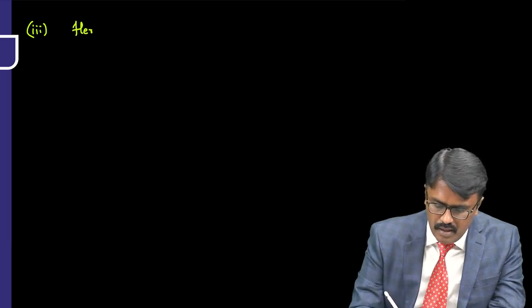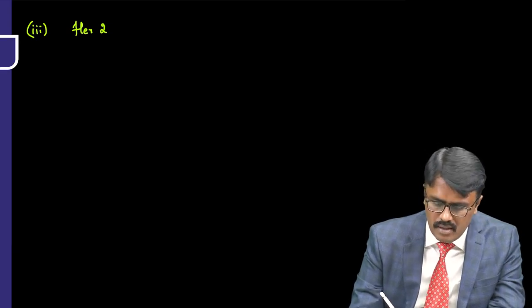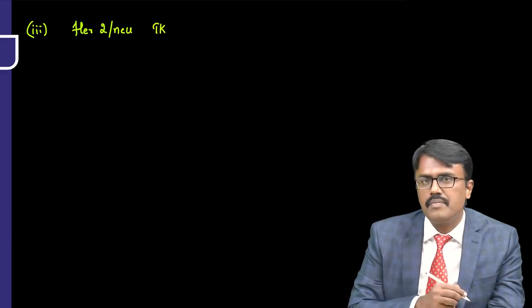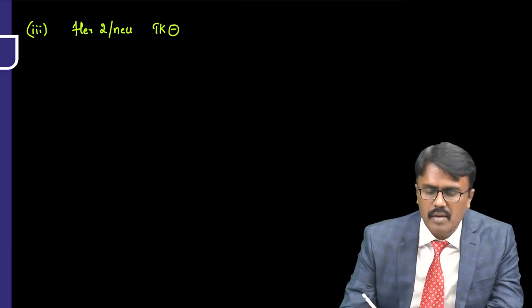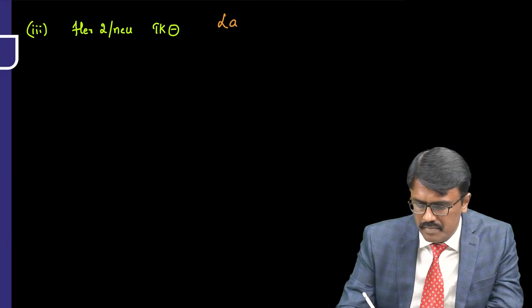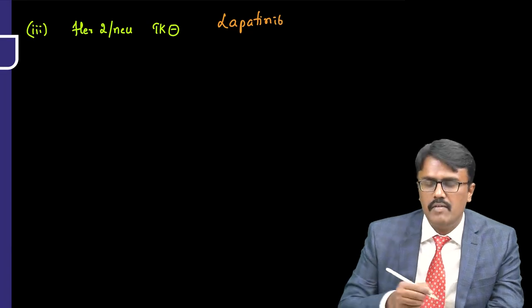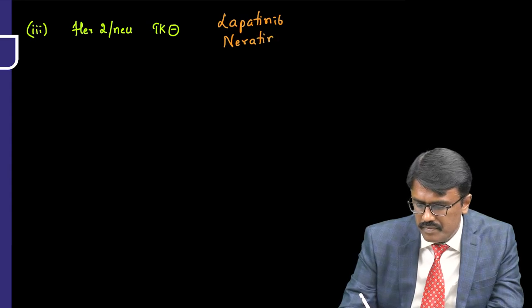The third important one is to block the HER2/neu tyrosine kinase, and the name is lapatinib. So lapatinib is there from so many years, and recently we have a drug called neratinib.